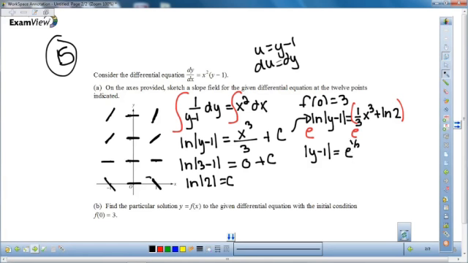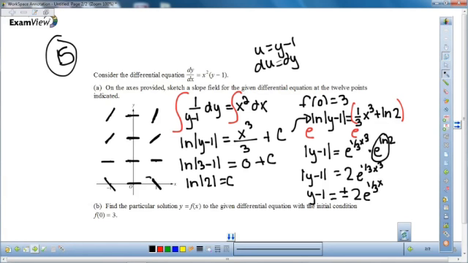So I can rewrite this equation as multiplication. Notice how this is going to cancel, and I'm left with 2 e to the 1/3 x to the third. And then I get rid of the absolute value by doing plus or minus. I'm going to add 1 to both sides.